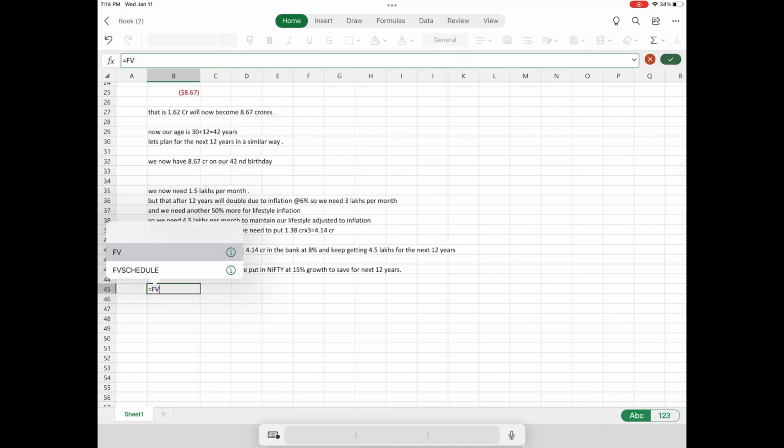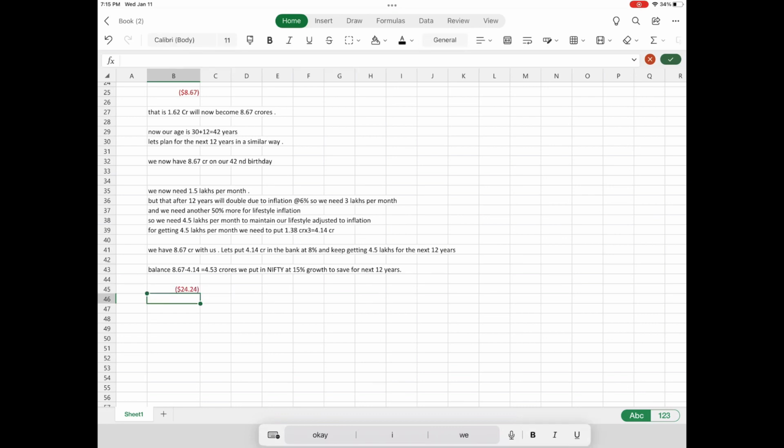So what is the future value of the 4.53 crores which we have now? At 15% it grows, for the next 12 years. The present value is 4.53 crores, and that means after 12 years it's going to become 24.24 crores.